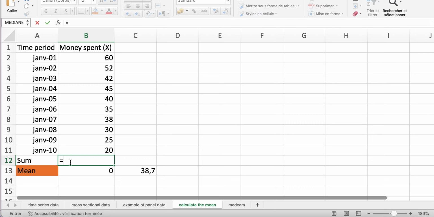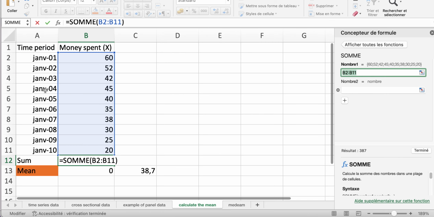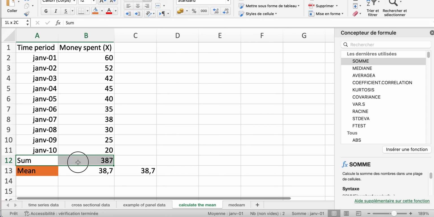You just type equal, then choose SUM, which in French is different but in English is SUM, then select all the values of the data set, then click enter or OK, and you get your sum. Here we have the sum of all these values.